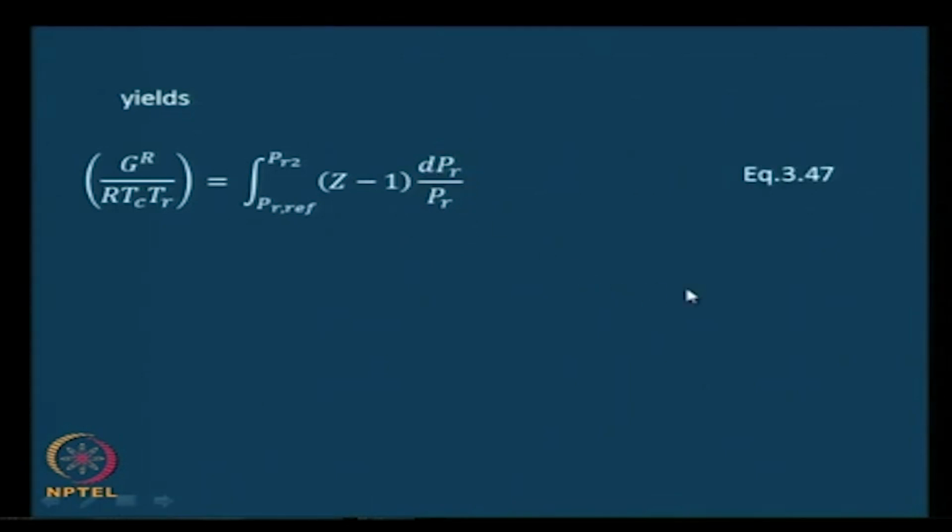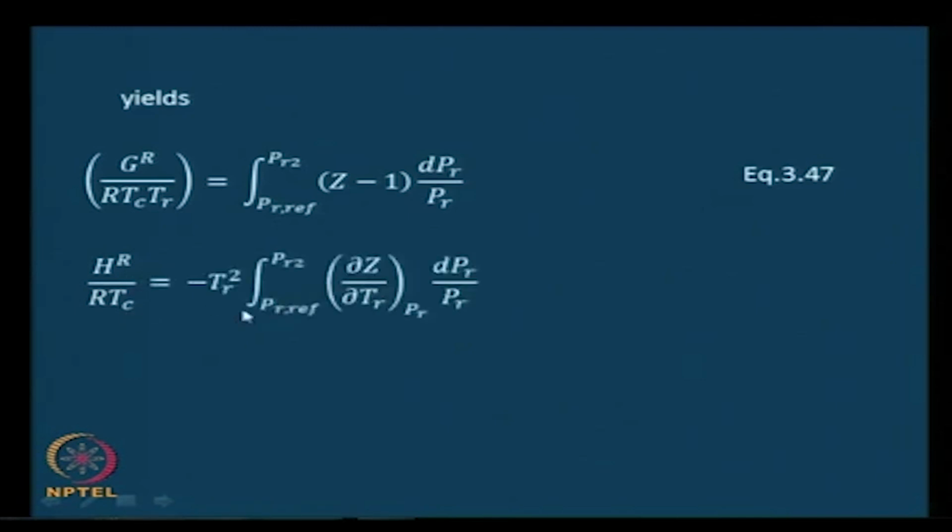We will call this equation 347, and similar substitutions would yield us Hr by R Tc equals minus Tr squared integral from Pr reference to Pr2 of dou Z by dou Tr at constant Pr, dPr by Pr.